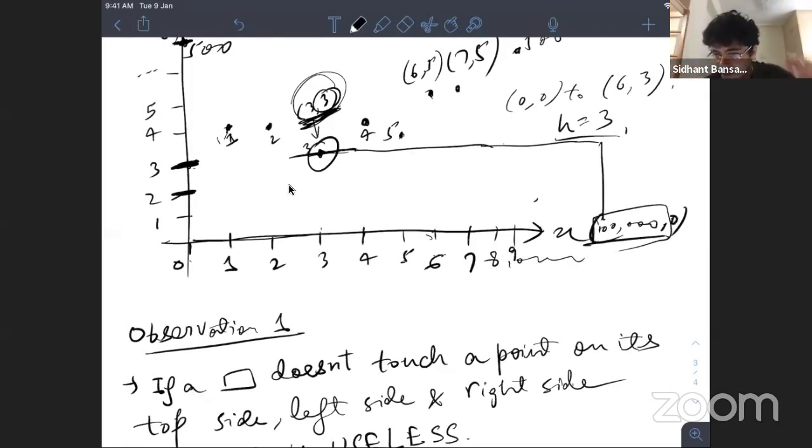Just create a new dummy point at 100,000, 0. Although that point doesn't exist in reality, we'll just create it for our simplicity. So we'll create a point 10 to the power 5, 0. So at this point, we'll say, okay, our rectangle must stop here, because if you exceed this, you'll include this point. So you'll automatically stop here.